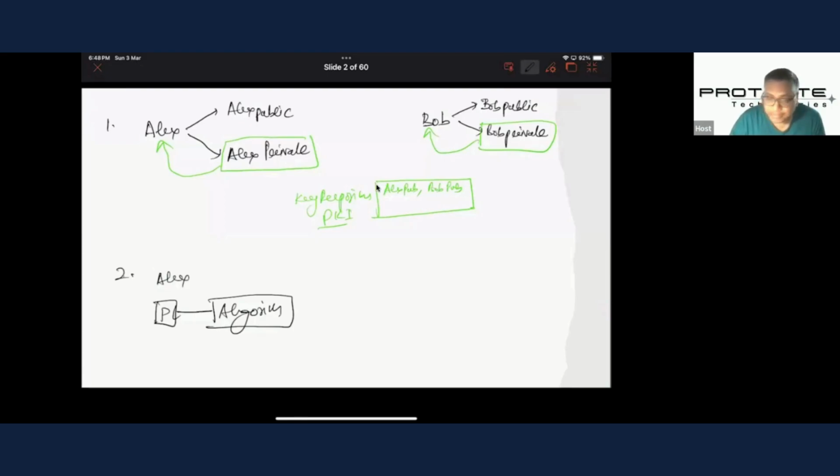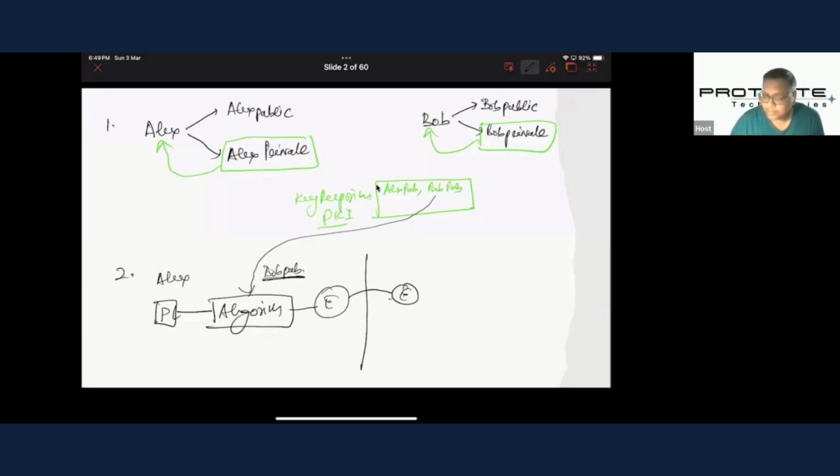Give me Bob's public key. Okay. So now Bob's public key is fetched by Alex, and Alex encrypts the message using Bob's public key. Whoever you want to send the message to, you get that key and encrypt it. And now you get the encrypted message, right? And now you send the message using email, WhatsApp, whatever you want.